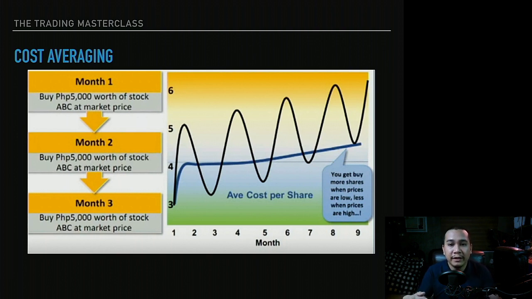This is the reason why VULs, the insurance that you buy from companies now, are very successful. VULs apply the cost averaging strategy. Whenever you pay a premium for your insurance, the insurance company just buys those stocks that they have in the fund whenever you pay. So for next month, once they receive your money, they buy the stocks again and again and again.